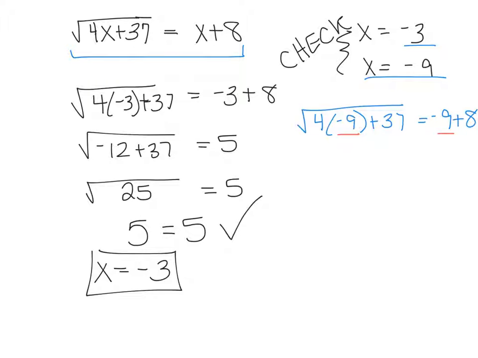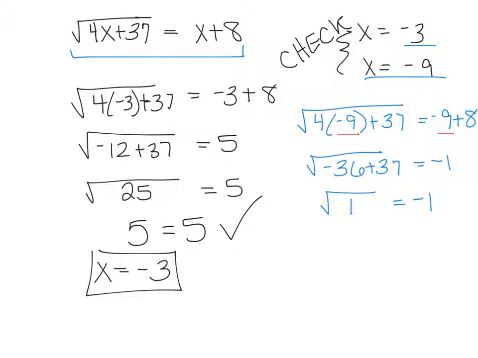The square root of 4 times negative 9 plus 37 equals negative 9 plus 8. This becomes the square root of negative 36 plus 37 equals negative 1. The square root of negative 36 plus 37 is the square root of 1.